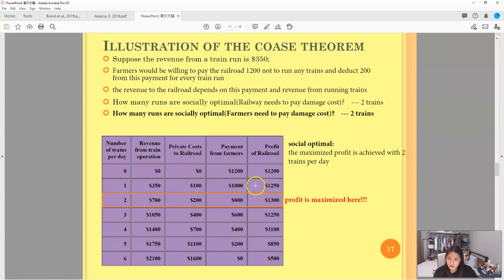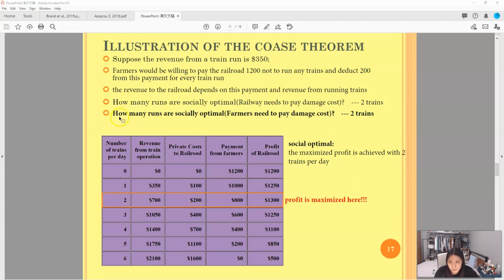So in this case, where the profit is maximized is this area enclosed by this rectangle. When they run 2 trains per day, their profit is maximized, which is at $1,300.